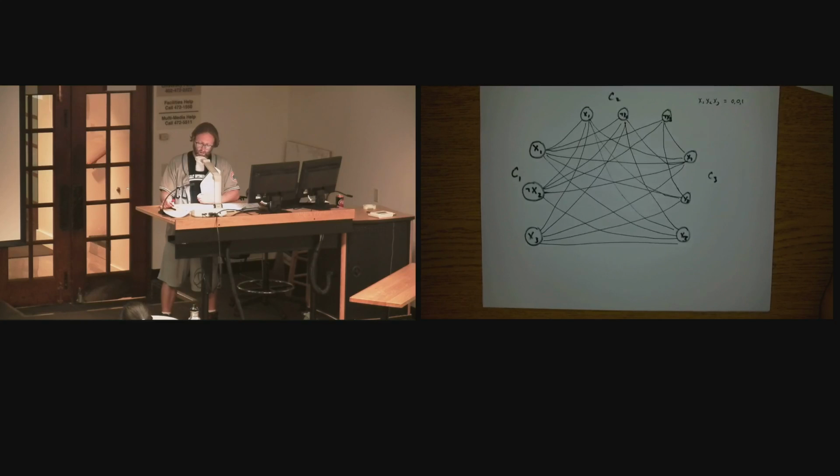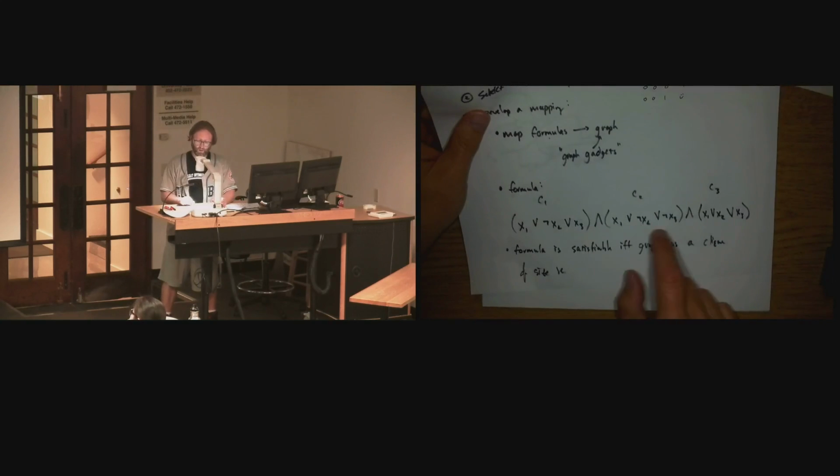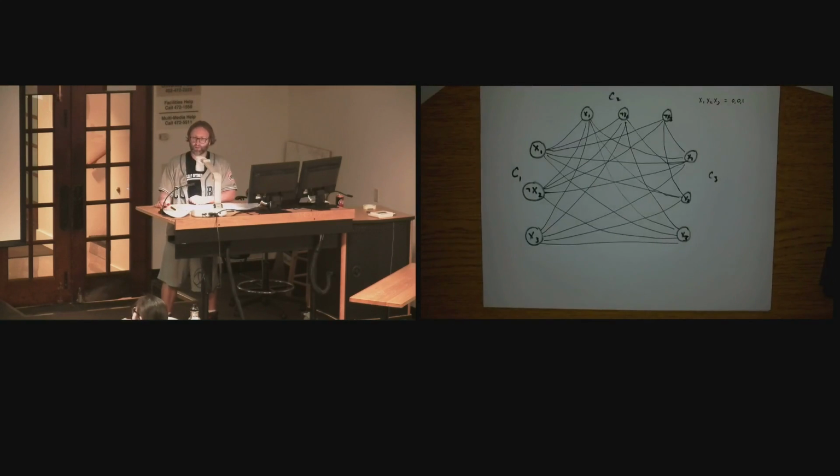Anybody see it? So what are we looking for? We're looking for a clique of size what? 1, 2, 3 clauses. We're looking for a clique of size 3. Does this correspond to a clique of size 3 somewhere in here?